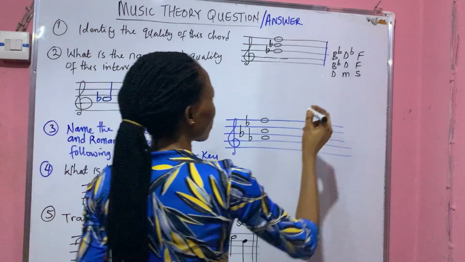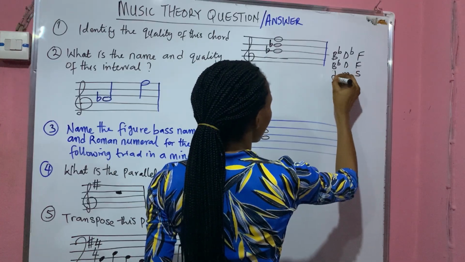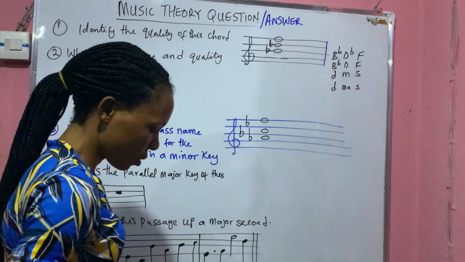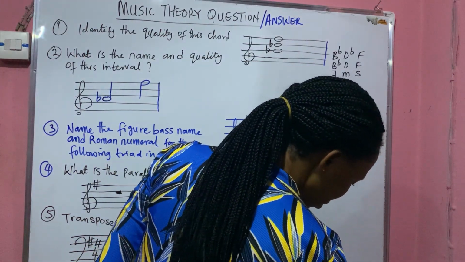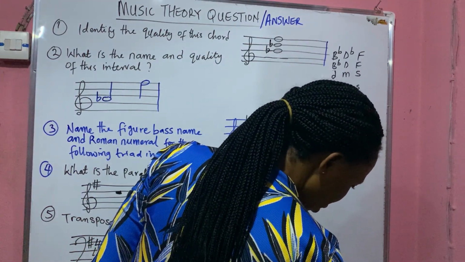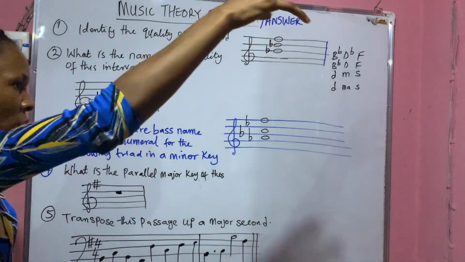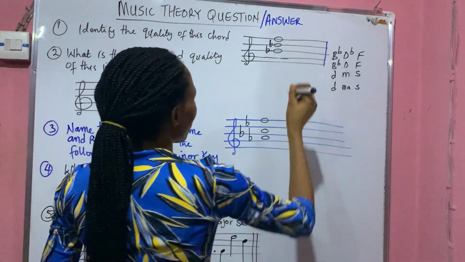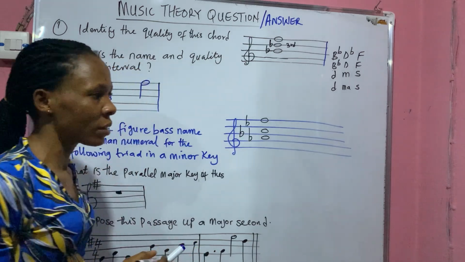But now it would have been that, but now it's Do, Me, So instead of Do, Mi, So, which means the third of this chord is tampered.